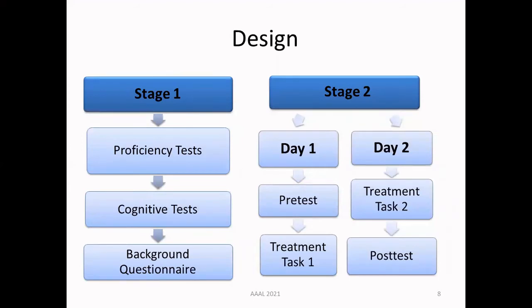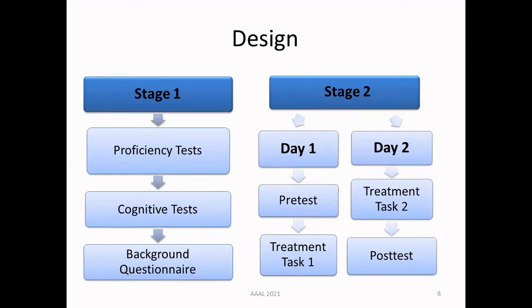The study used the pre-test, post-test randomized block design with a control group, and it included two stages. In stage 1, we administered tests of cognitive individual differences from the Llama and the HiLab batteries to 135 English learners of Spanish.